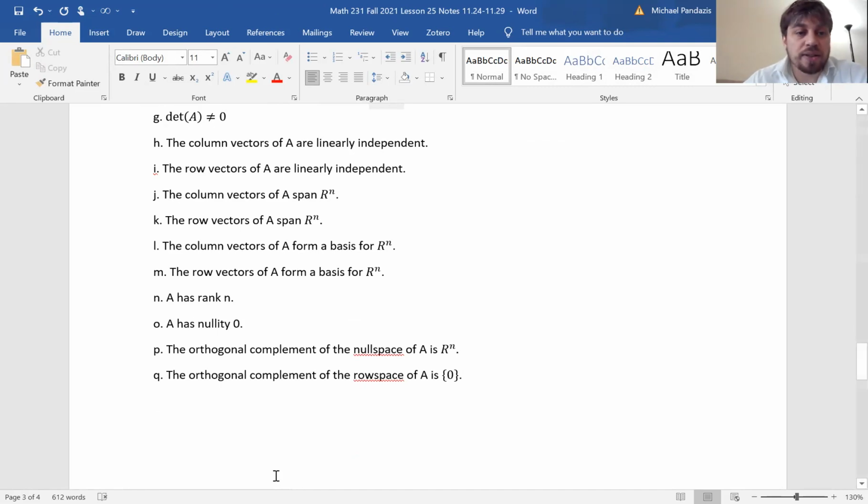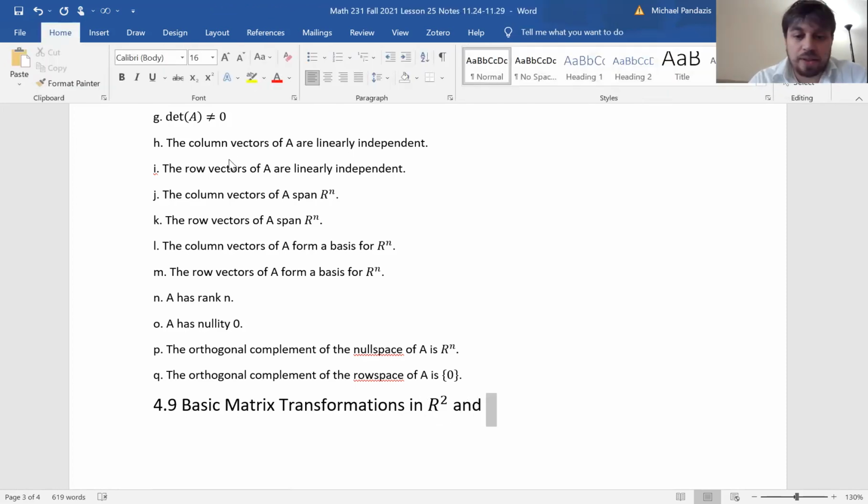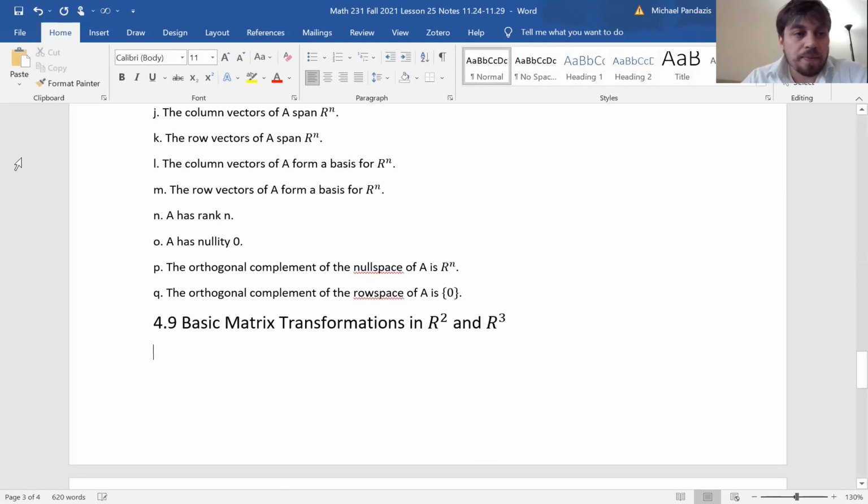So the next section is section 4.9, which is on basic matrix transformations in R2 and R3.